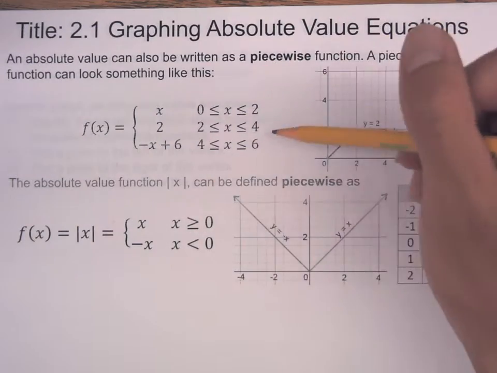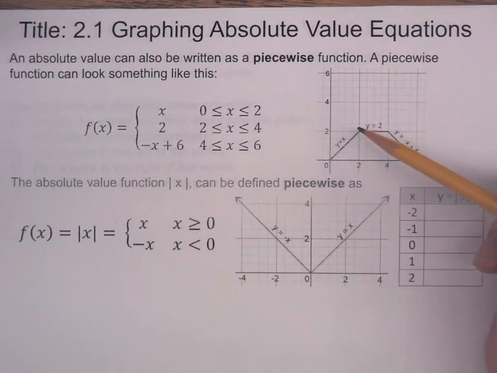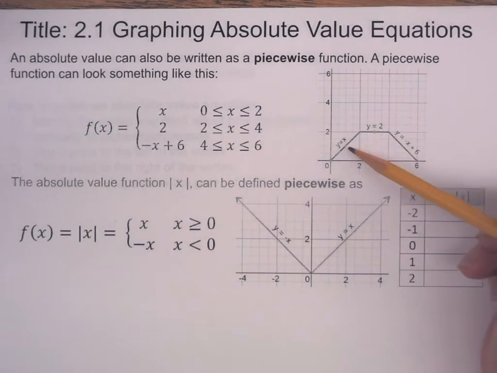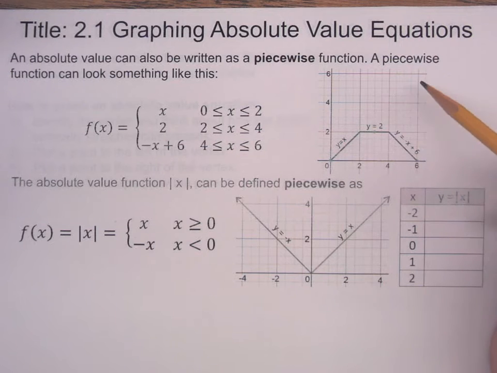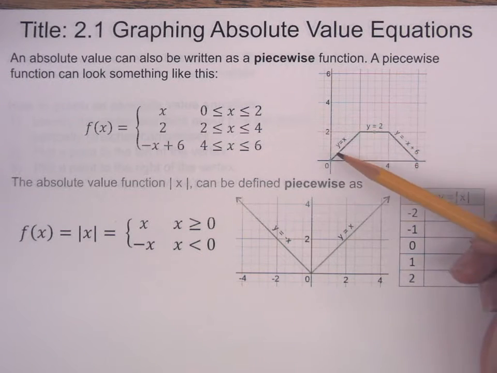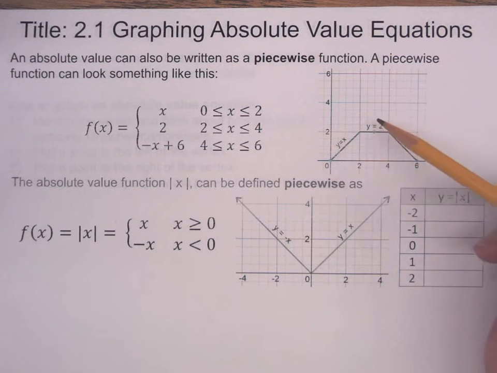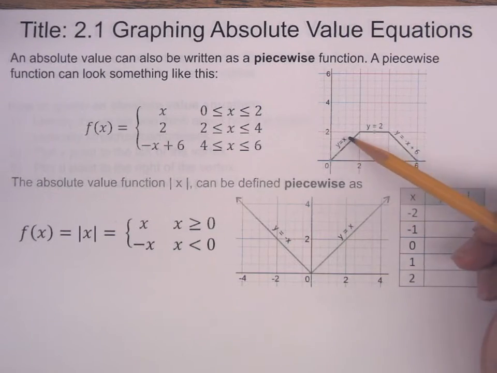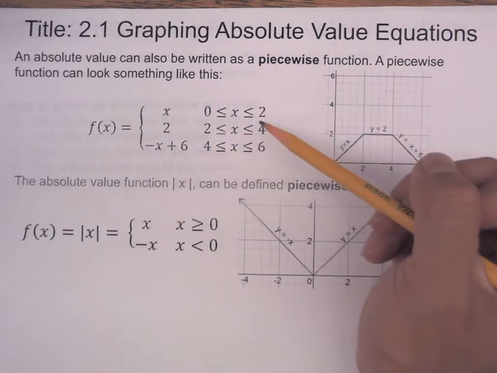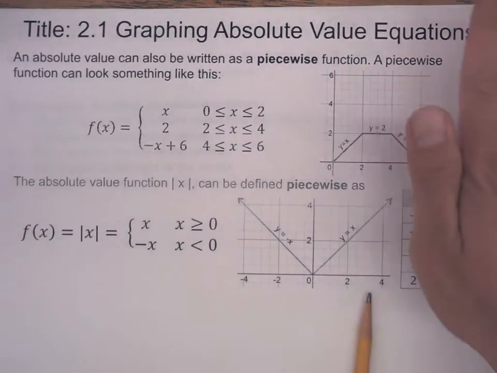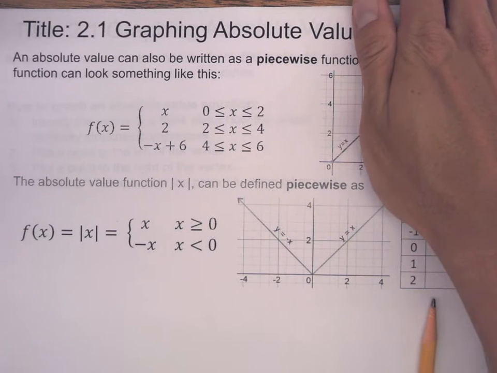You can kind of interpret what's happening here. If I were to extend this line all the way through, this is basically the y equals x line, only from 0 to 2, because it's stopping right here, and it changes to a different line segment.